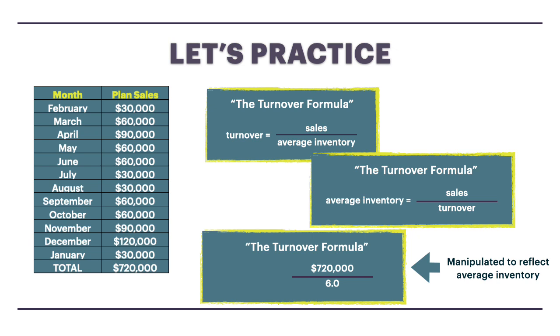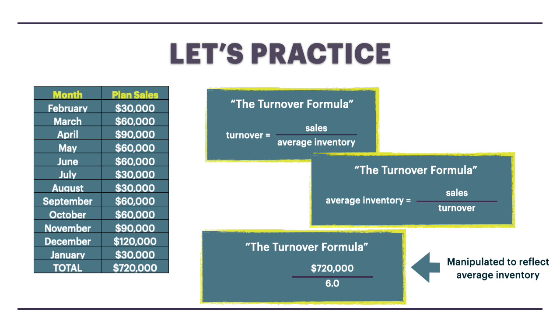We'll start by manipulating the formula. We're going to take the turnover formula and manipulate it so that we can get our average inventory. We'll take our sales and divide that by turnover, which will give us our average inventory.